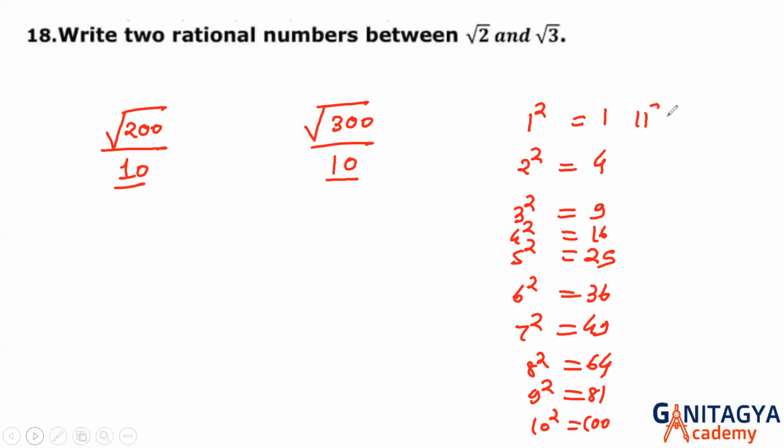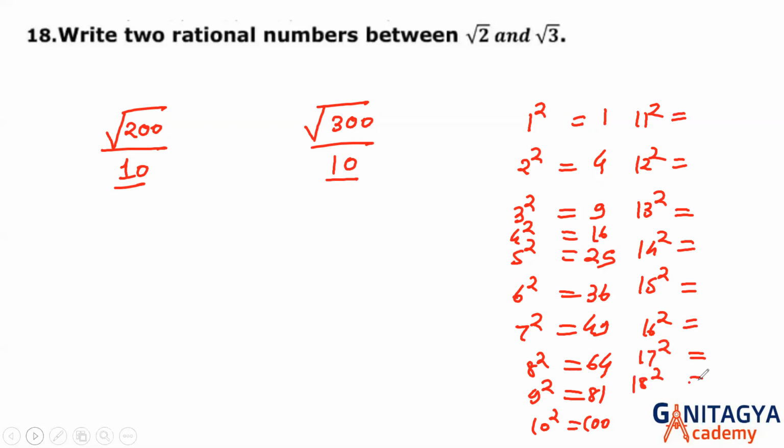Similarly, write 11 square up to 20. 11 square is 121, 12 square is 144, 13 square is 169, 14 square is 196, 15 square is 225.